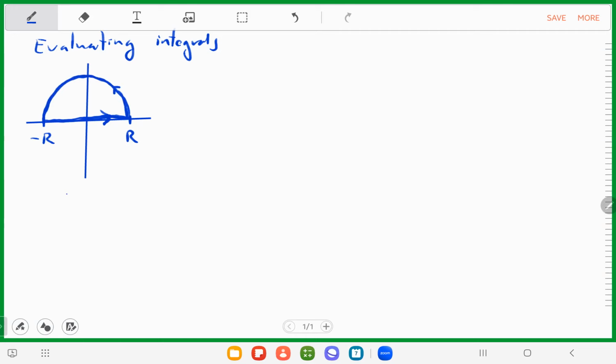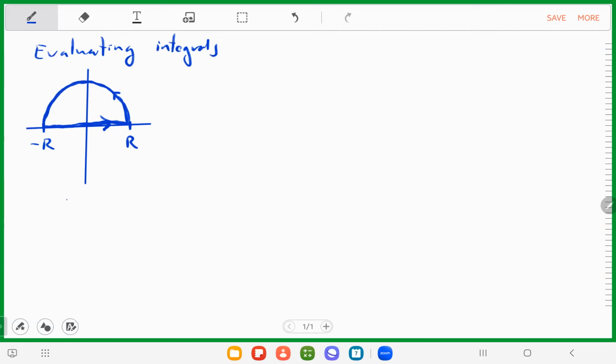Okay, this contour, let me call it gamma, is useful for several types of integrals. When we take the limit for larger and larger r, so when r goes to infinity, you have to imagine this semicircle getting wider and the segment on the real axis getting longer.